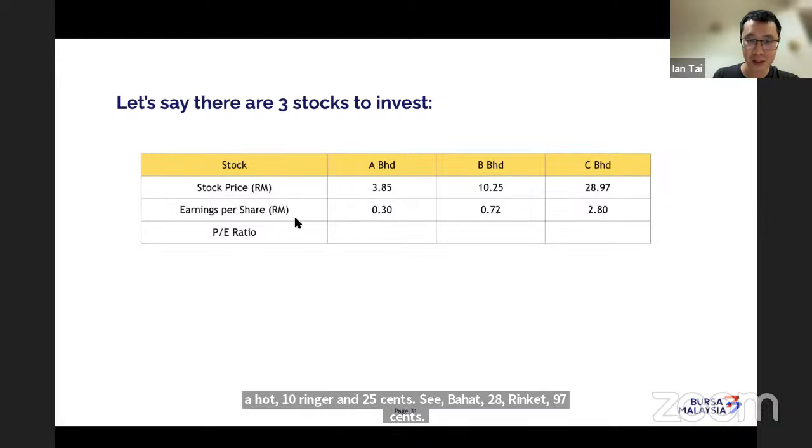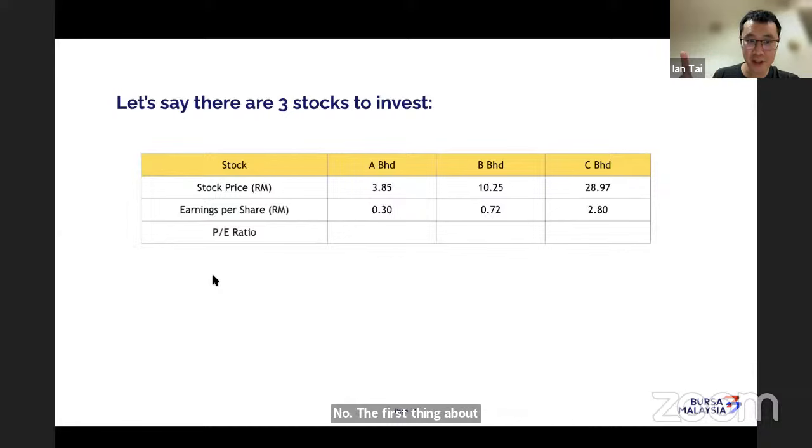Now, the first thing about PEG ratio is to calculate PE. So we are handling the first part, which is the PE part of the PEG ratio. So let's start with PE. How do we calculate it? Well, we take the stock price and we divide it by its earnings per share.